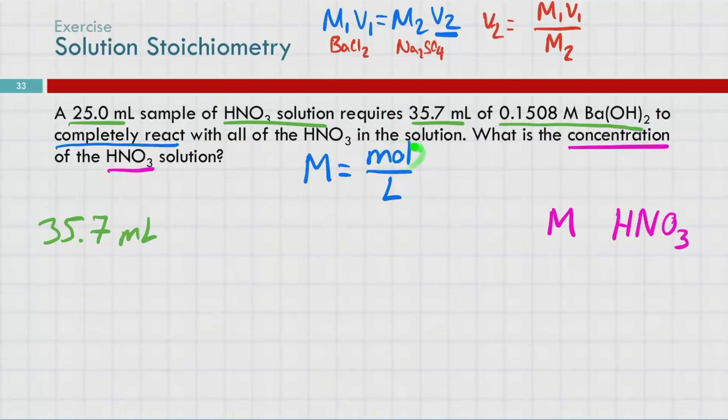We can get moles. So if we have liters, and we have molarity, liters times molarity, if we wanted to rearrange this, liters times molarity equals moles. Or if we rewrote our molarity as moles over liters, that would look like this.